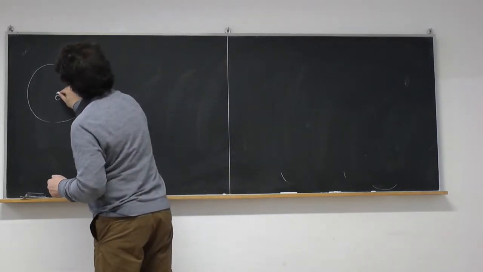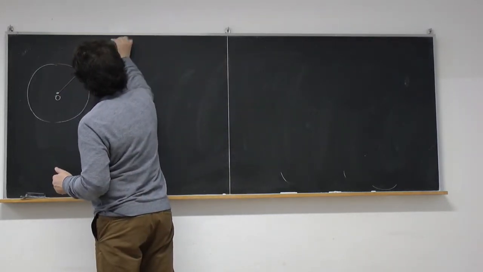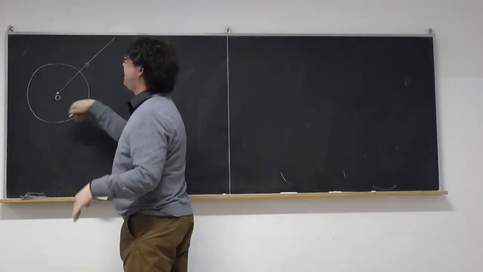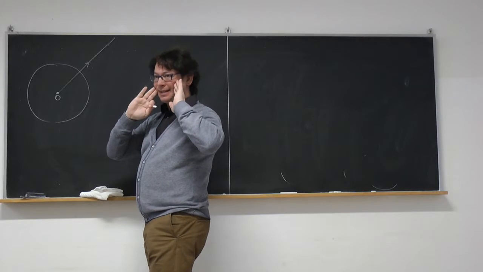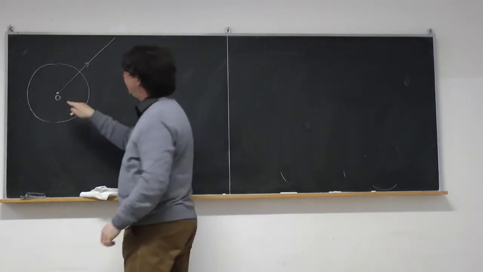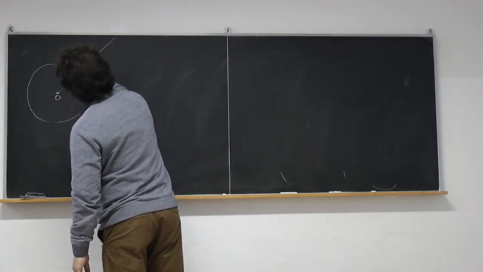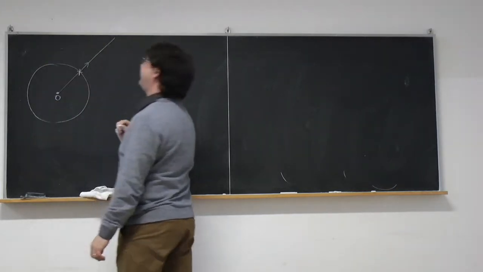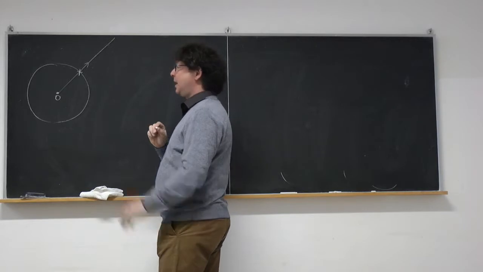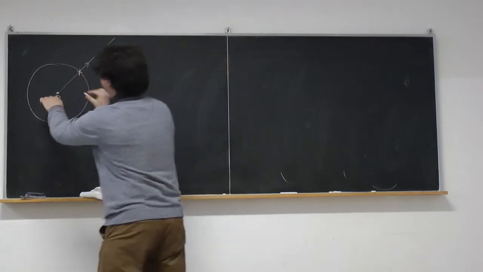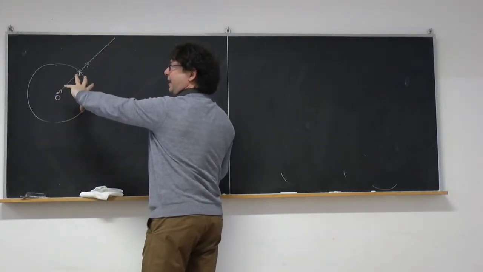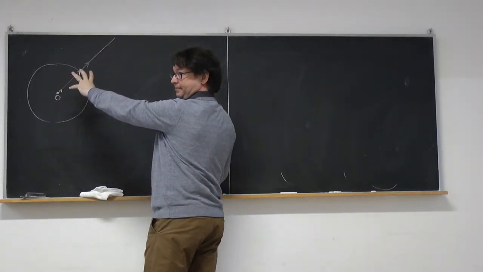And he would like to send a light ray in this direction, a flash of light. So if everything is standing still, no rotation, the light ray would hit the wall of the rotating system here. Now, as soon as the light ray starts propagating, the frame starts to rotate.